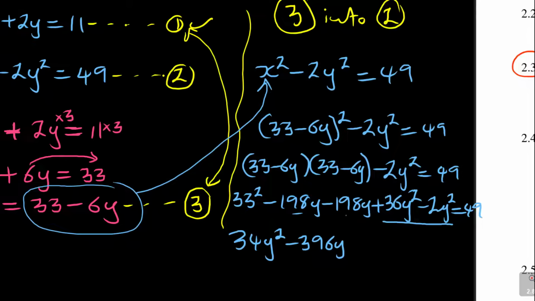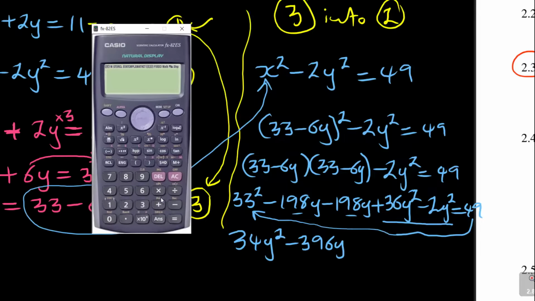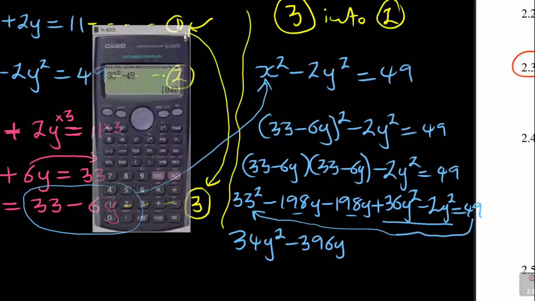So I've done that, and that. Now 49 will come here and join that number: 33 squared minus 49. So let's do that. It will be 33 squared minus 49, equal to 1040.